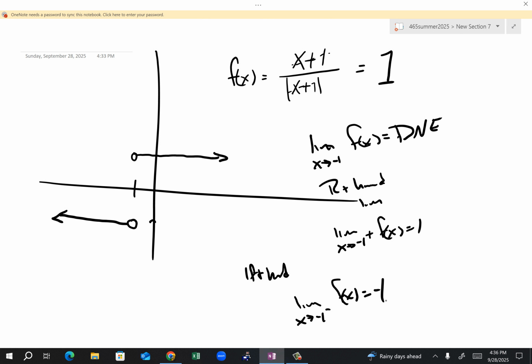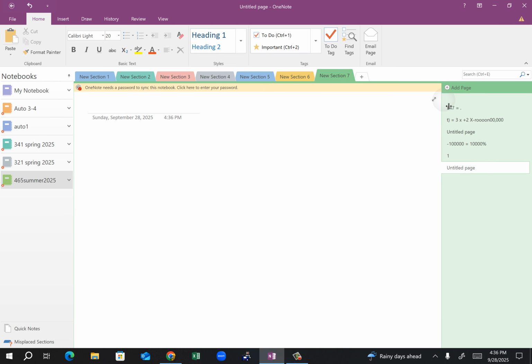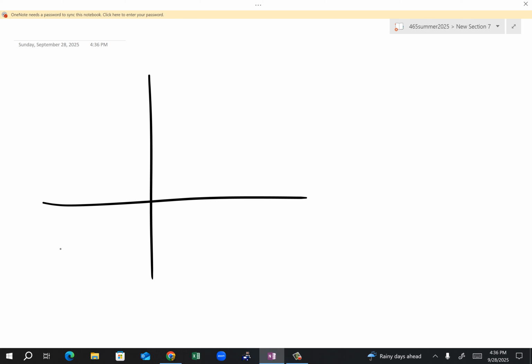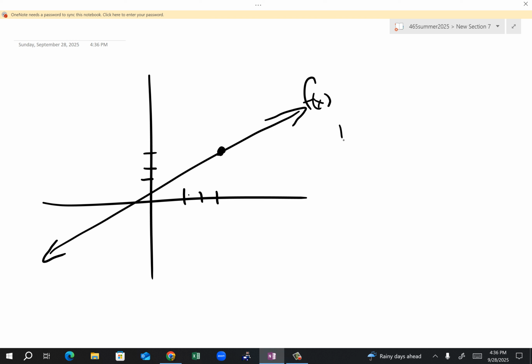Now, for many functions, that's true. For instance, this guy. What is the limit as x approaches 3? Why, it's 3. What is the left-hand limit?